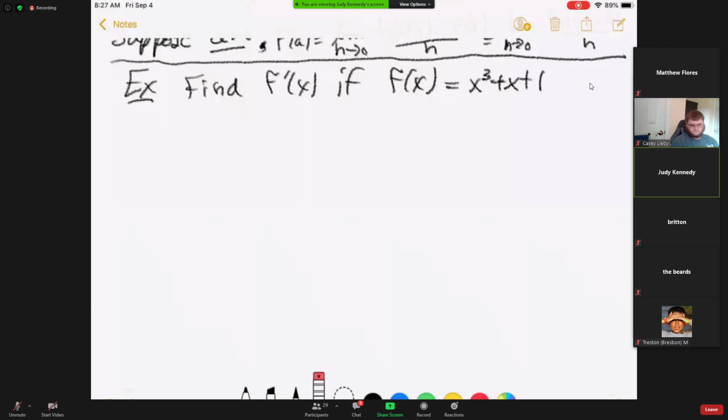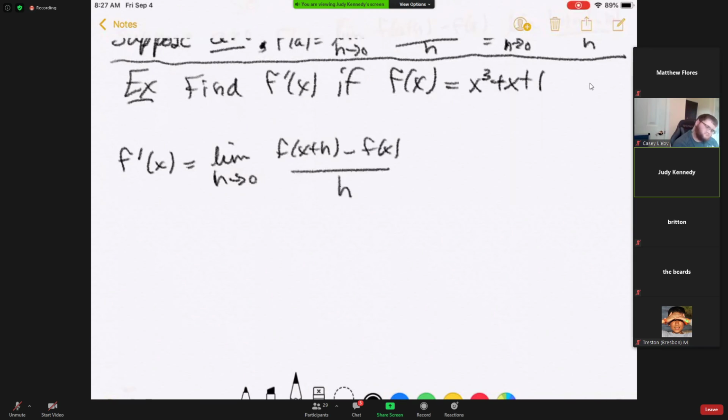Let's write down what I'm finding first. If it's f prime of x, then I'm using the h definition. The h is what's changing. Then this is f of x plus h minus f of x over h. For the moment, x is fixed, and in the limit, it's the h that's changing, not the x.